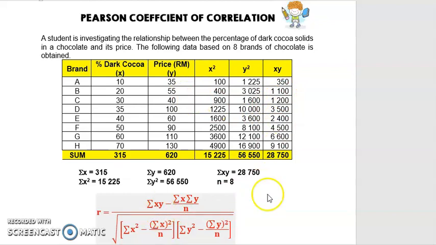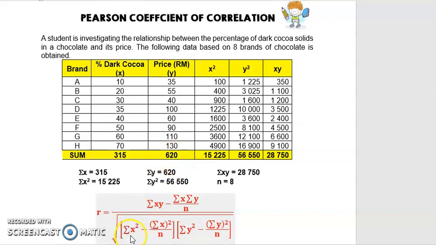Summation means you total up all xy values, so the summation of xy here is 28,750. The summation of x means you total all x values, so we get 315. Similarly, the summation of y is the total of all y values, which is 620.